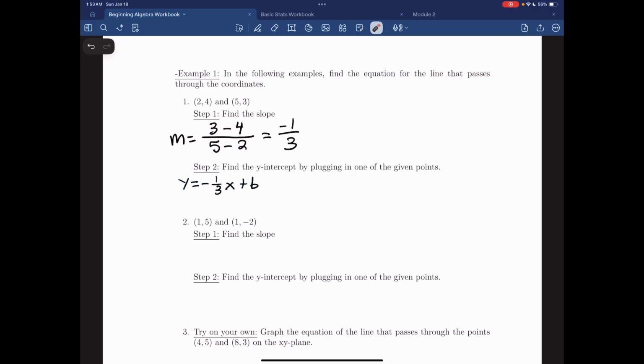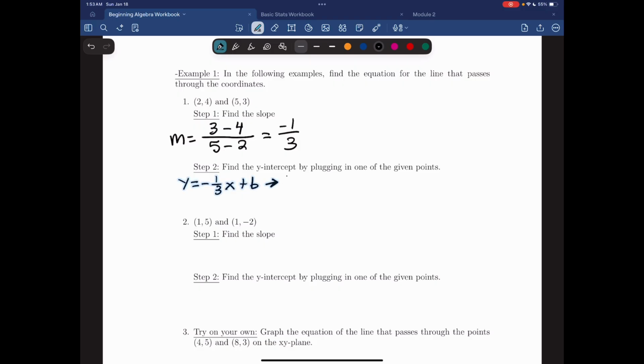You can plug in 2 for x and 4 for y, because our points, recall, are x comma y. I'm going to plug in the point 2, 4. And what will happen is b will be our only variable left, so that we can solve for b like you would be solving a linear equation.